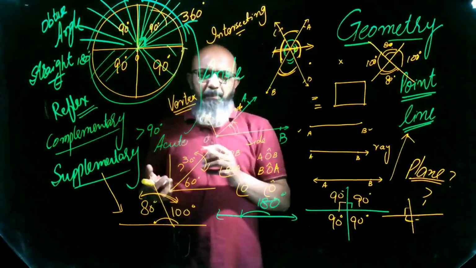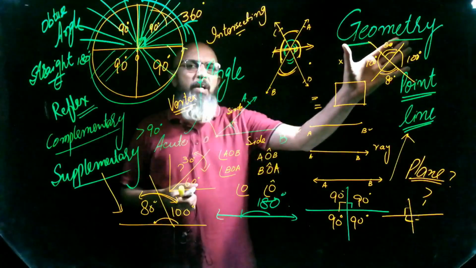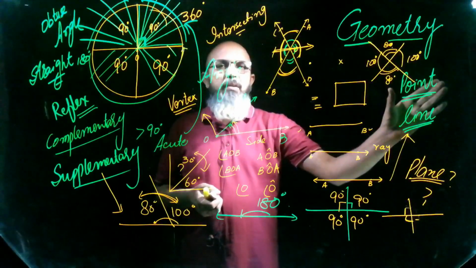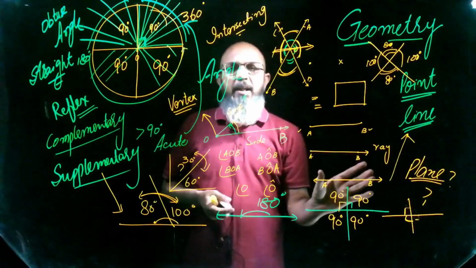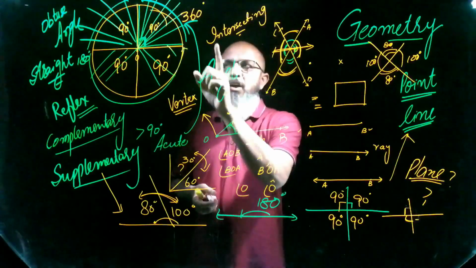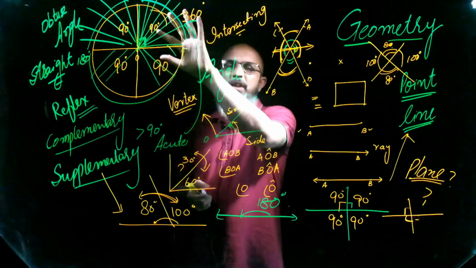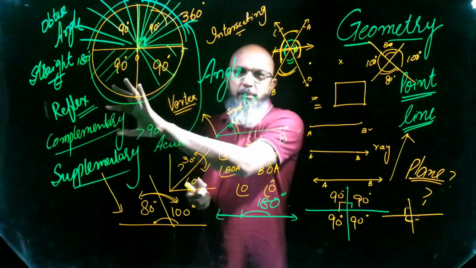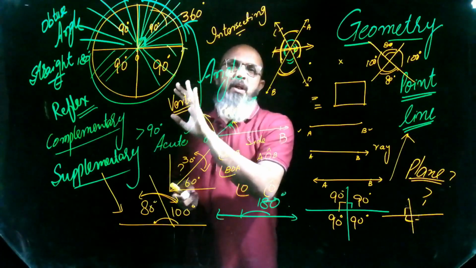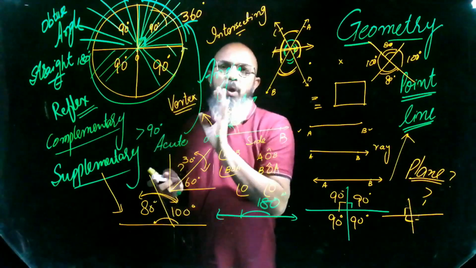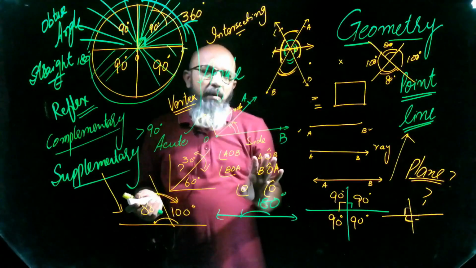Now I will recap what we learned today. What is geometry, what is a point, what is a line, ray and line segment, what is an angle, what is the total angle at one point, that is 360, what is a right angle, what is an obtuse angle, what is a straight angle, what is a reflex angle, what are complementary angles, and what are supplementary angles.